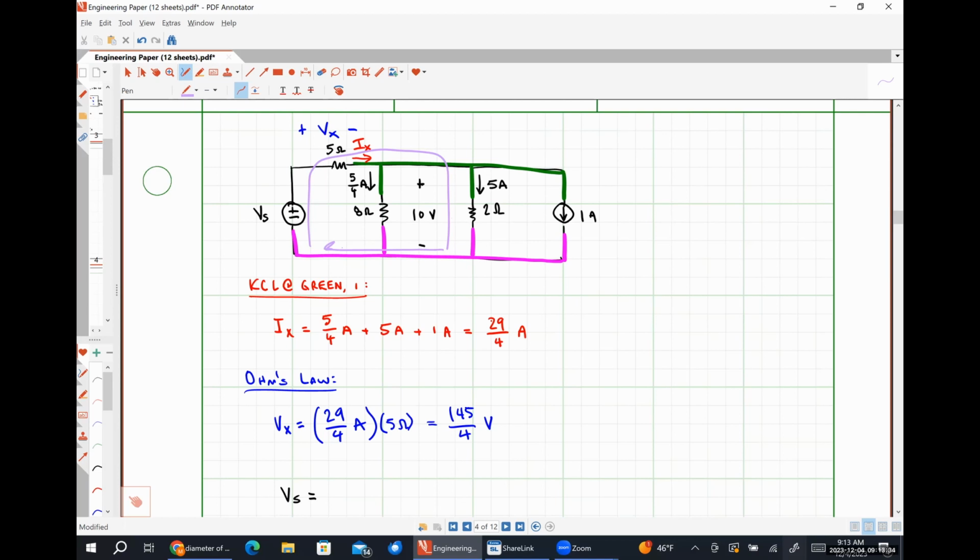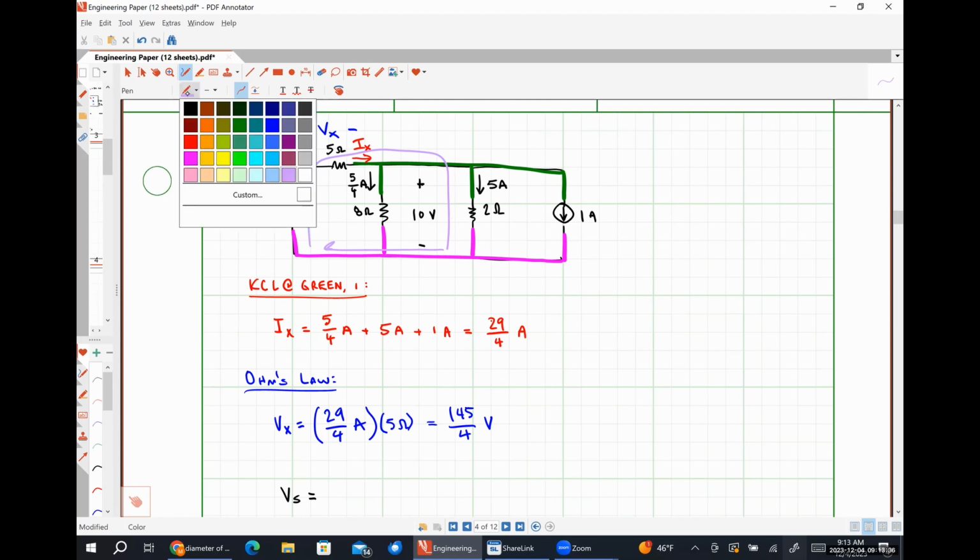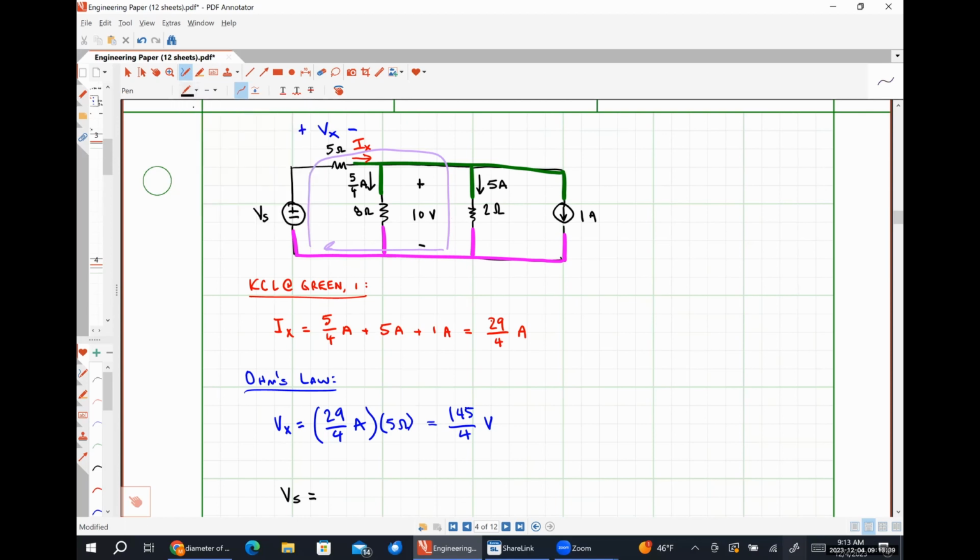So Vs would be equal to Vx plus 10. So that would be 145 over 4 plus 10, which is 185 over 4 volts. We just worked a problem here in, I don't know, 3-4-ish minutes that roughly 80% of your peers got wrong last quarter. Just using KVL, KCL, and Ohm's law.